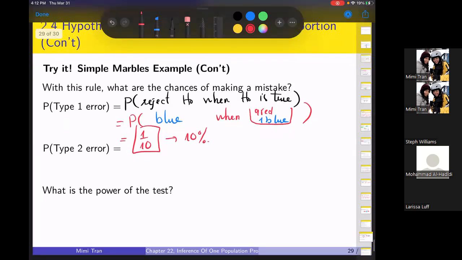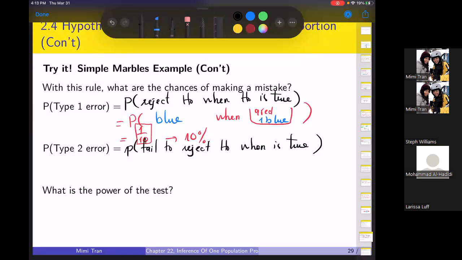Okay, let's do type 2 error. Sorry, let me make it a little smaller so I don't go over. Type 2 error, again the definition, is you fail to reject H naught when HA is true. Fail to reject H naught means you favor red, right?